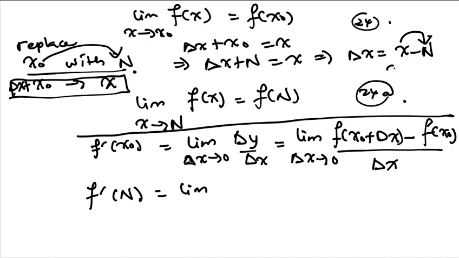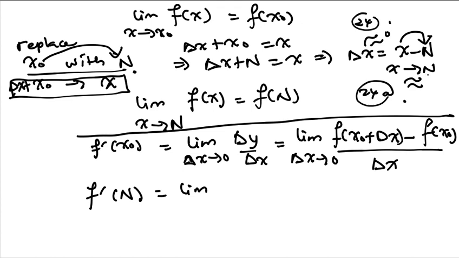So that means x is approaching n. Almost the same. If it is almost the same, then the change in x, the difference, becomes almost 0. Do you get what I mean? So here, instead of writing change in x approaches 0, we can replace it with x approaches n.